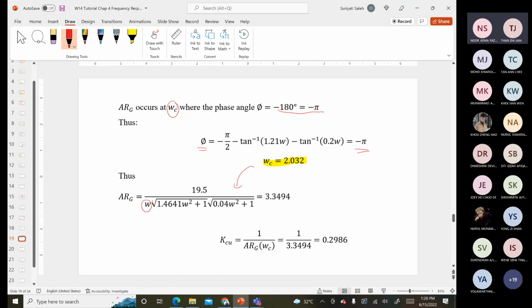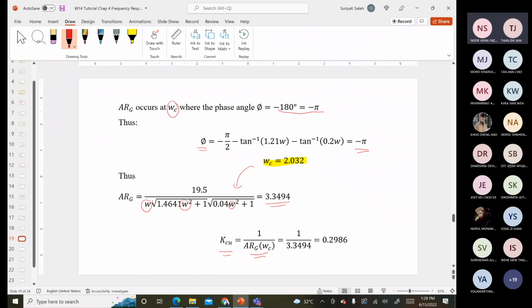We put WC equal to 2.032. Now, based on this, we can find our ARG at WC, where the ARG here is 3.3494. So we know that the ultimate gain for the controller, KCU, equals 1 over ARG at WC.